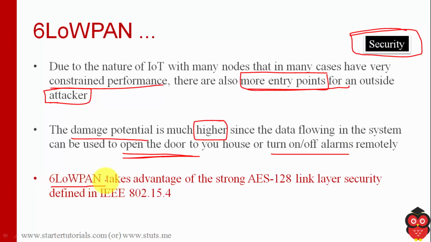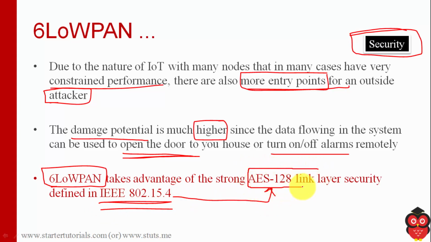Now 6LoWPAN technology, as I already told you, works on top of IEEE 802.15.4. This provides the AES 128 algorithm. It is a method of security, a way of getting security.